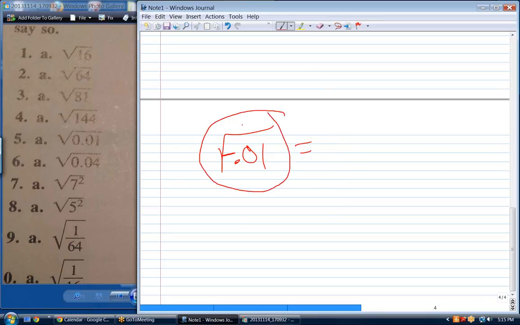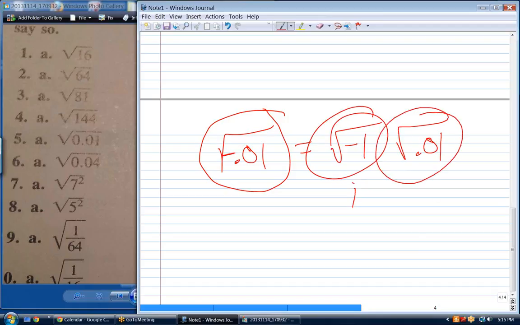No. Remember, when we take the square root of a negative number, we're going to have i as part of the answer. Oh, wait. Yeah, 0.1i. There you go. Because it's the same as this, and this is i, and this is 0.1. So it would be 0.1i.